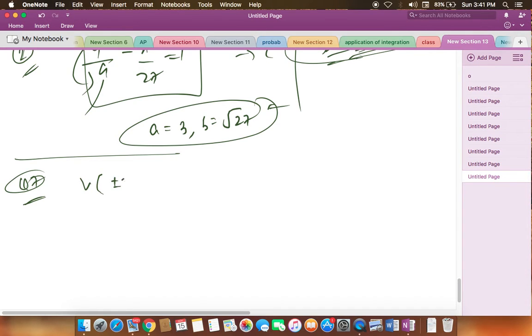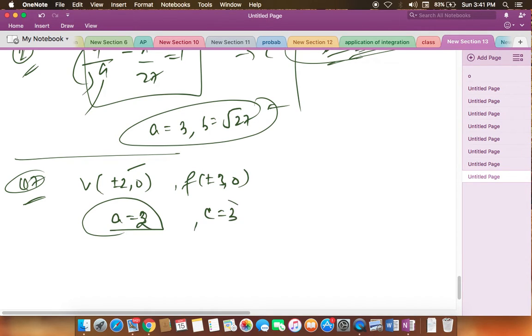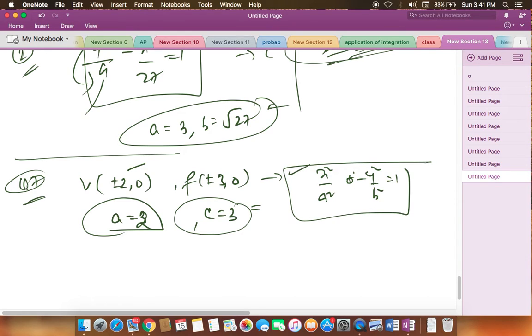Out here vertices has been given to you, plus minus 3 comma 0. So you know a is equals to 2 and c is equals to 3. Okay, so which type of hyperbola is this? x square by a square minus y square by b square is equals to 1.